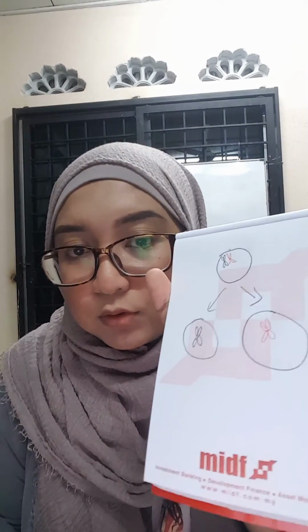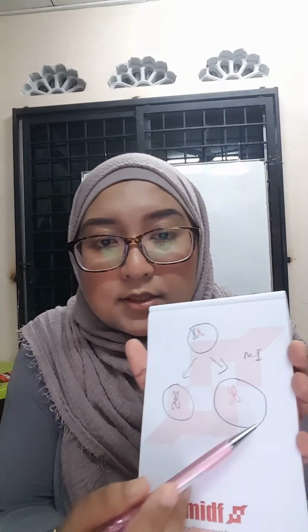And then when meiosis 2 is finished, meiosis 2 we call the equational division, where sister chromatids will separate. Okay, so this is meiosis 1, meiosis 1 dia akan hasilkan 2 daughter cell, and then proceed with meiosis 2, it will produce another 2 daughter cells, which means we will have 4 daughter cells.